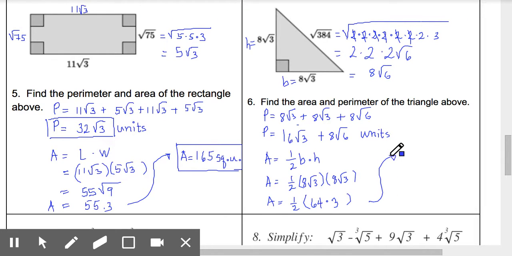So area is equal to 1/2 of 192. And therefore area is equal to half of 192, which is 96 square units.